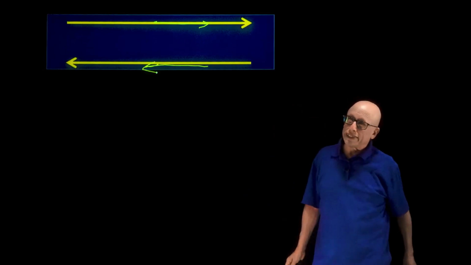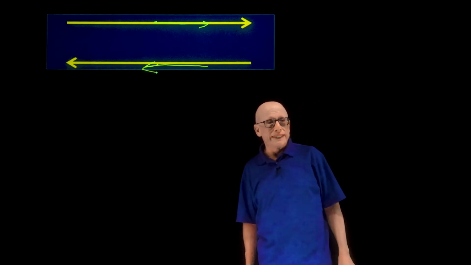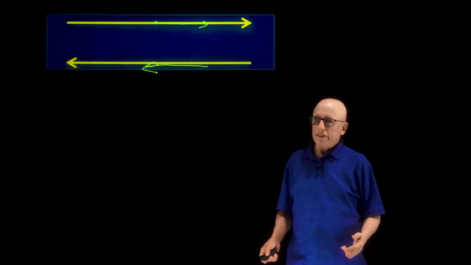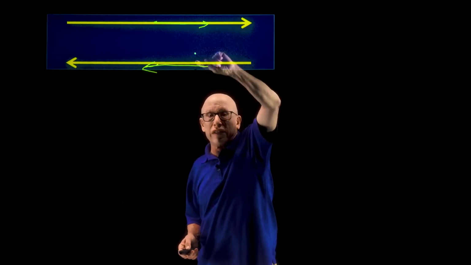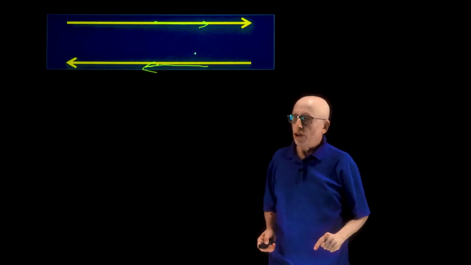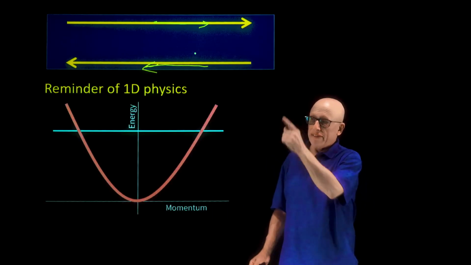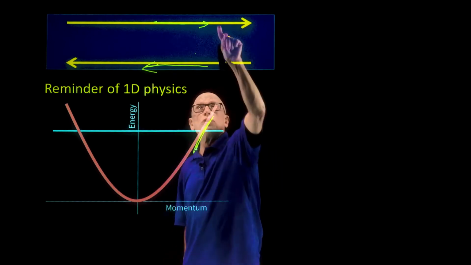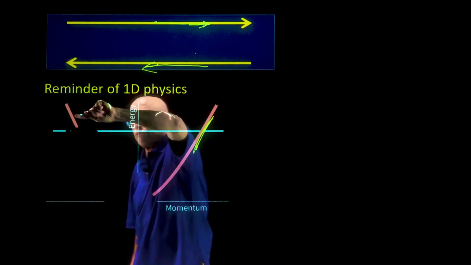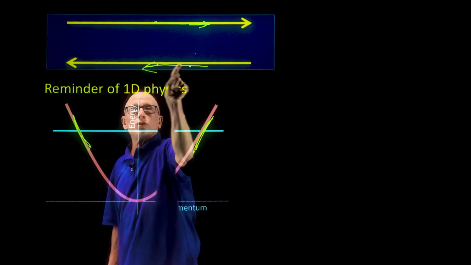This actually looks a little bit like what you would see in a quantum wire, right? In a one-dimensional quantum wire, except that the wire does not have this bulk. So, in a wire there's an energy dispersion, and there are right movers, which correspond to these guys, and there are left movers, which correspond to these guys.